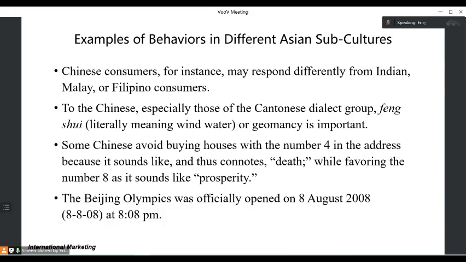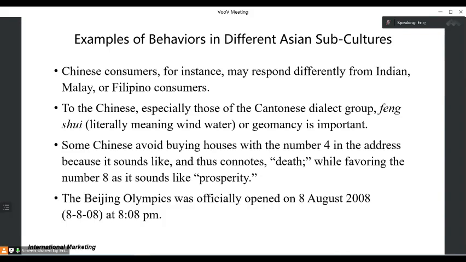So if you watch the car numbers in the street, you find that most Chinese want to use number 8, number 6, number 9. The subculture is different.